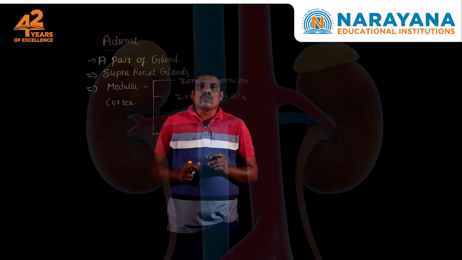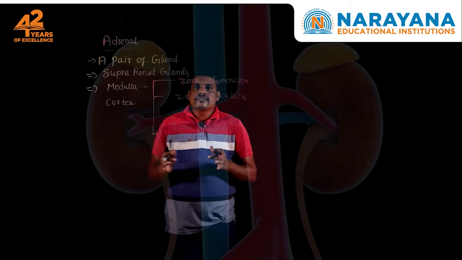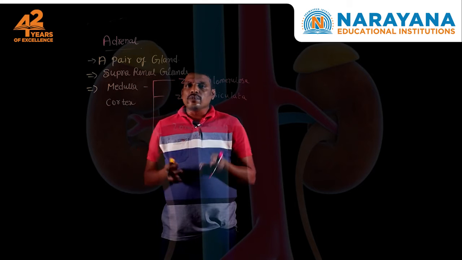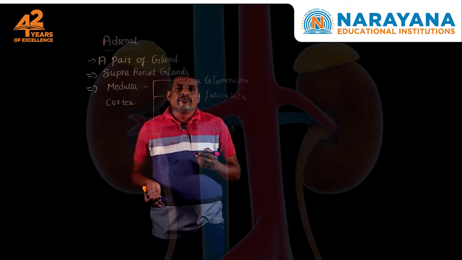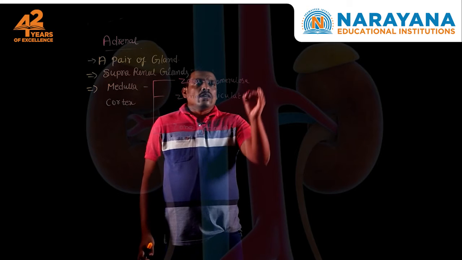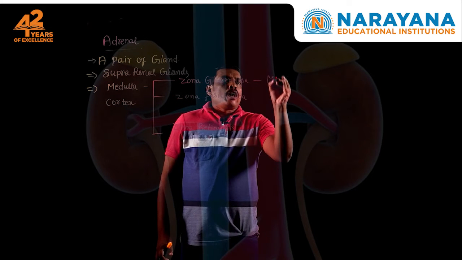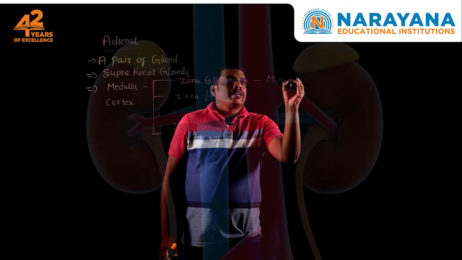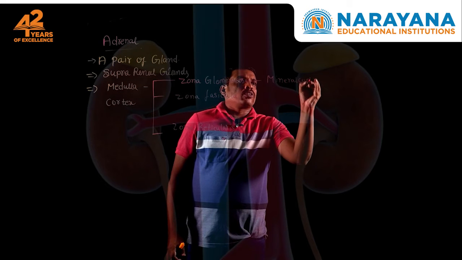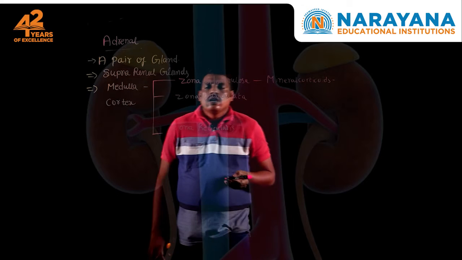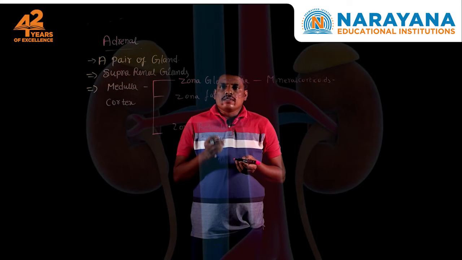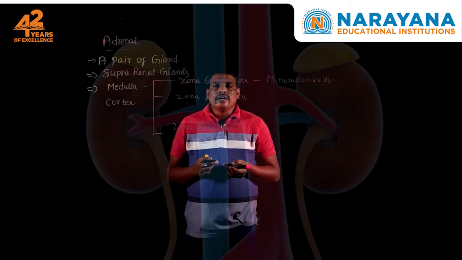Why? Because it is a NEET topic. That's why it is necessary to learn some additional, interesting points regarding the adrenal gland. Zona glomerulosa produces mineralocorticoids, or we can call them corticoids. By the way, students, what is an example of a mineralocorticoid?